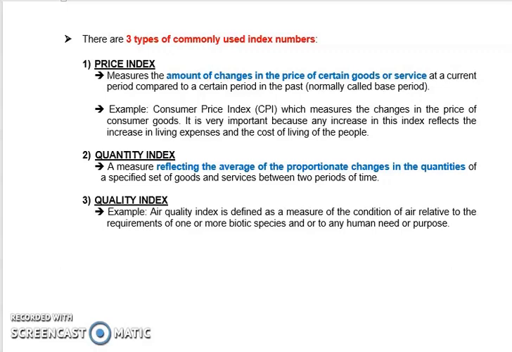That one normally we call the base period or base year. Example here, consumer price index, which measures the changes in the price of consumer goods. It is very important because any increase in this index reflects the increase in living expenses and the cost of living of the people.